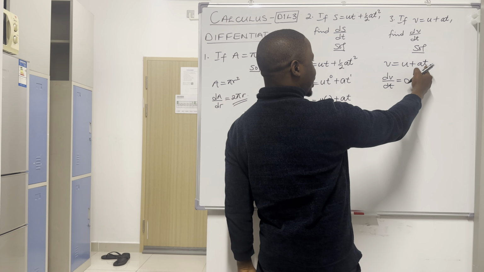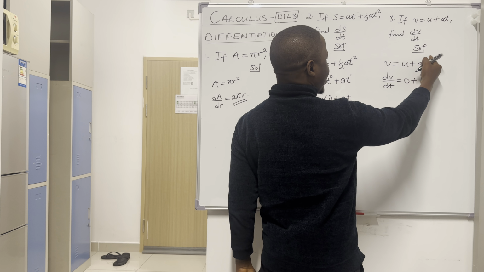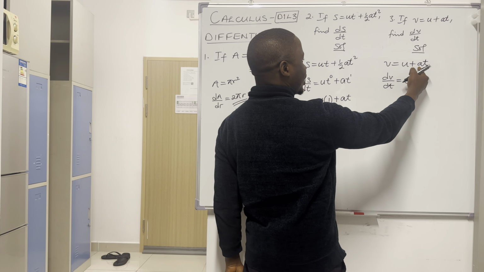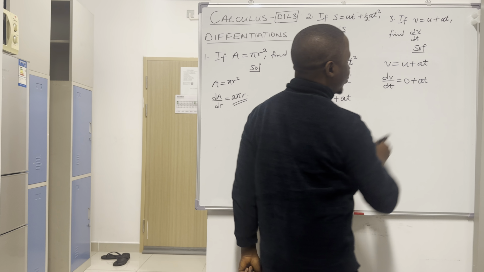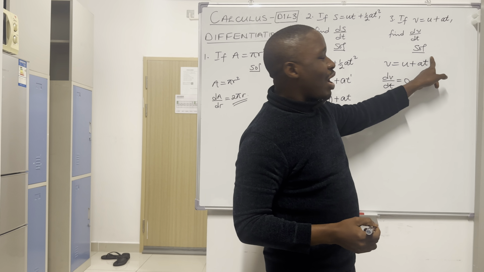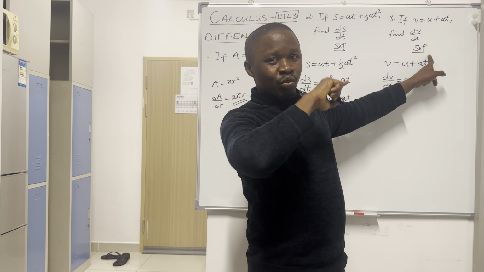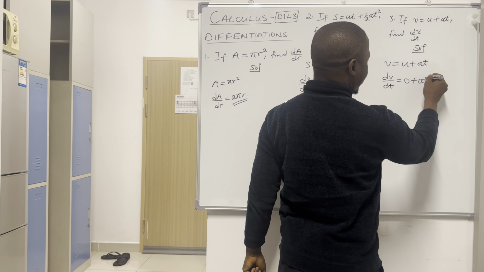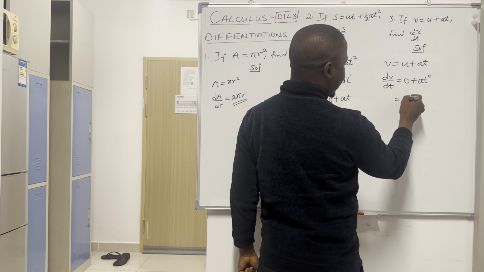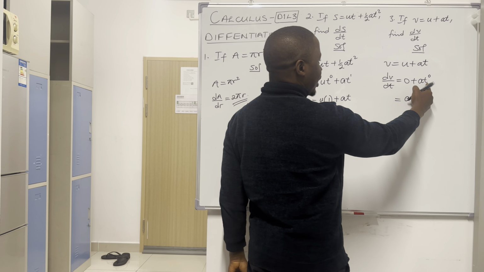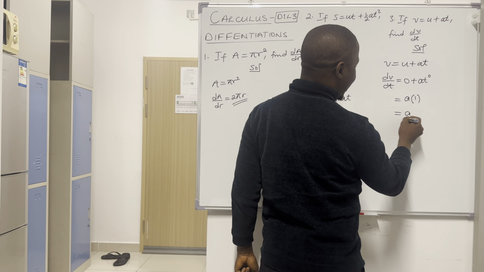We differentiate this with respect to t. What is the power of t? It is 1. What is the coefficient? It is a. So 1 times a is a. But the power must always lose 1, so 1 minus 1 we have 0. A value raised to power 0 is 1. So finally, we have a.